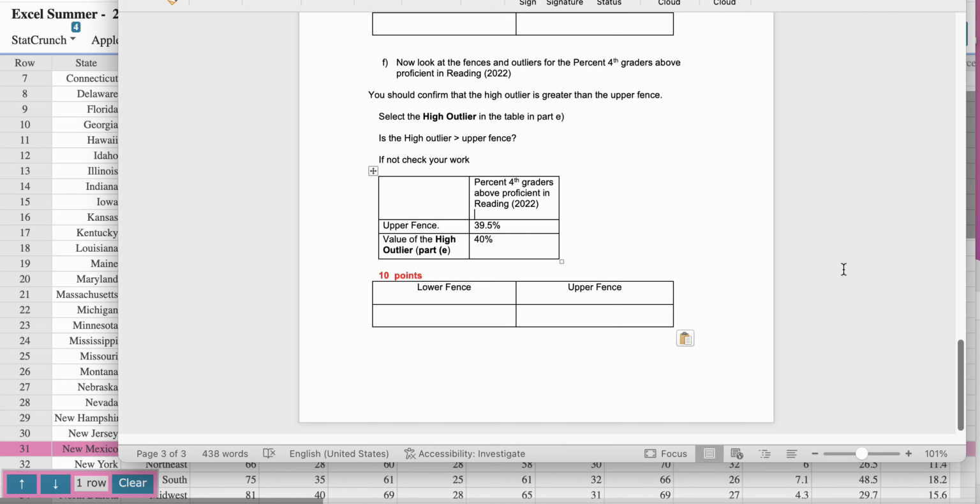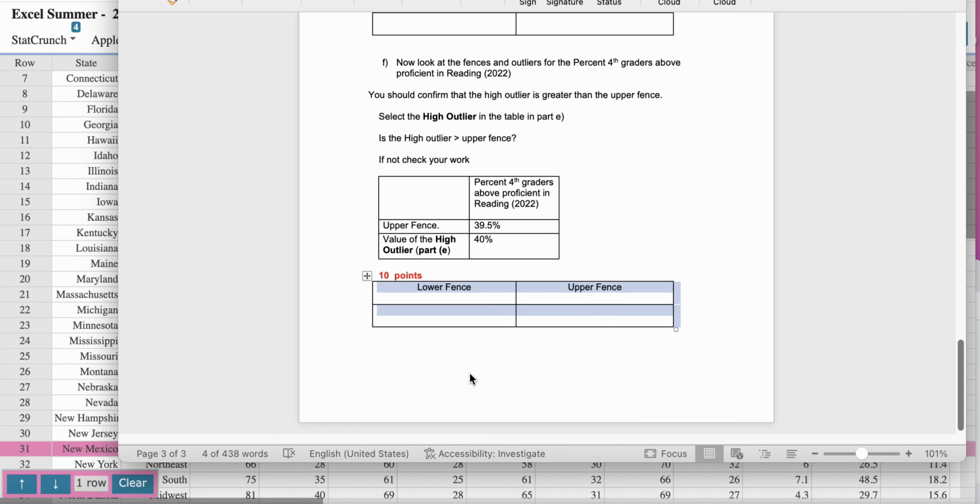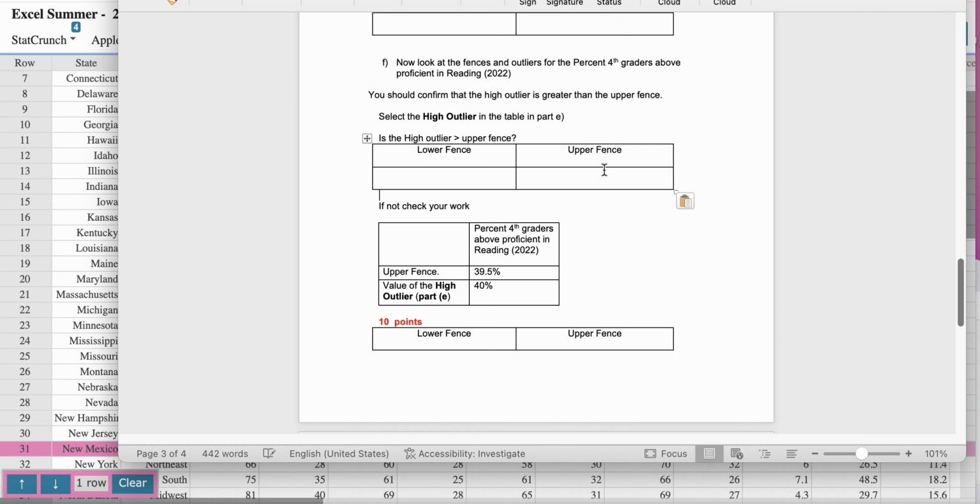When your table is empty and you're trying to fill in the values, click on this upper corner and make sure the whole table is highlighted, and then you're going to do an edit copy and an edit paste. Oh, it's in the footer. Edit paste. There it is.